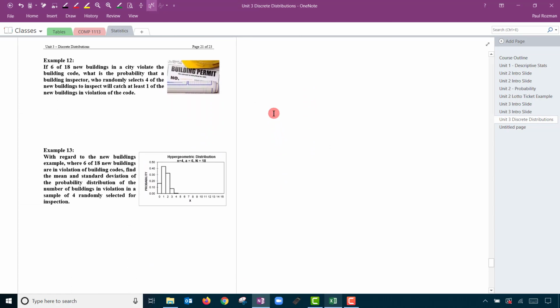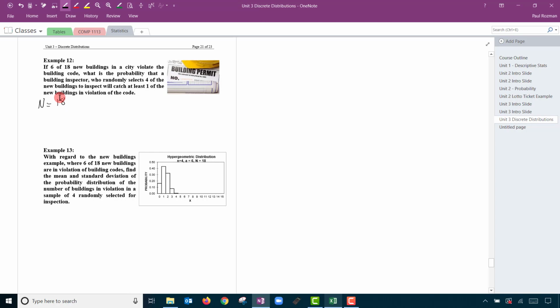We have 18 new buildings, and we know that 6 of them violate city building code. Now we're going to randomly pick 4 buildings to go to. What's the probability that at least one of those 4 is in violation of a building code? So the big group is N, big N, which is 18 buildings.